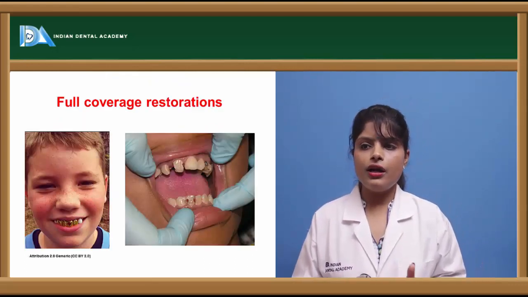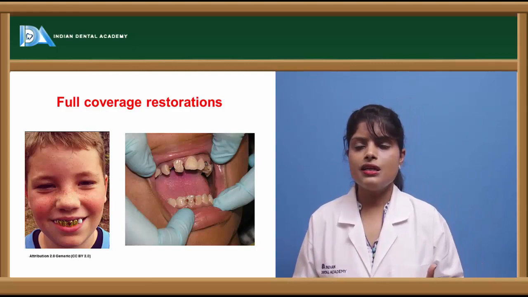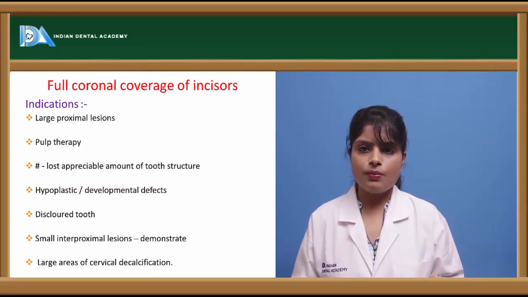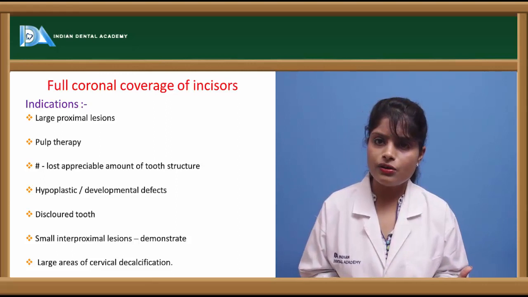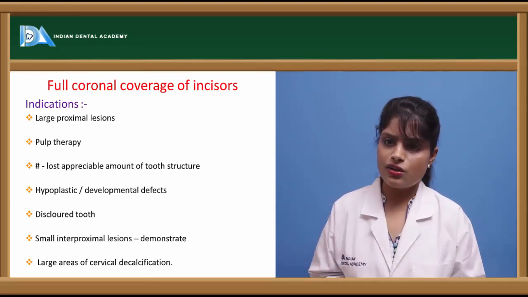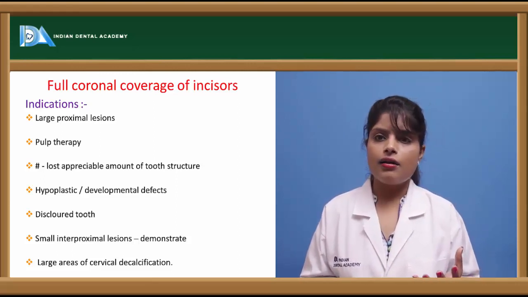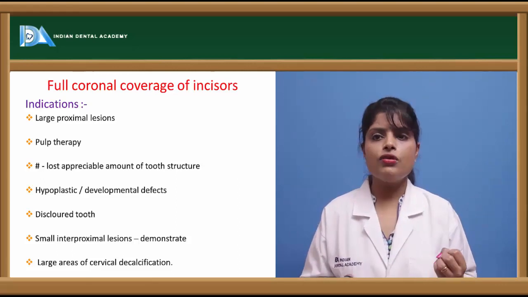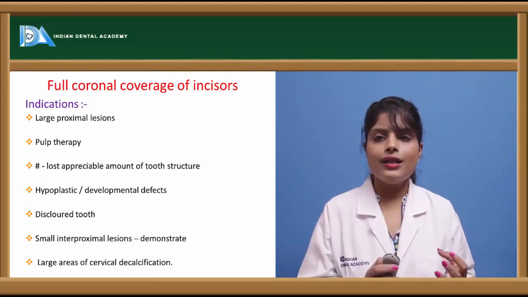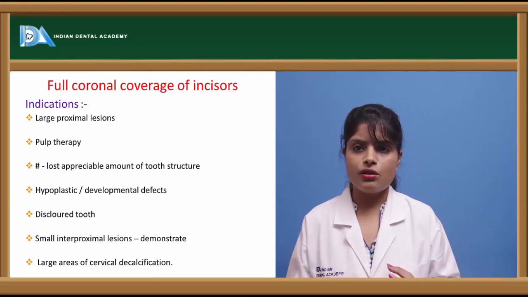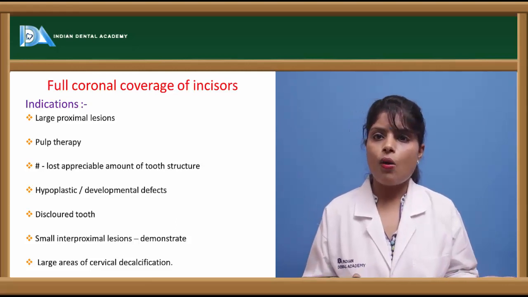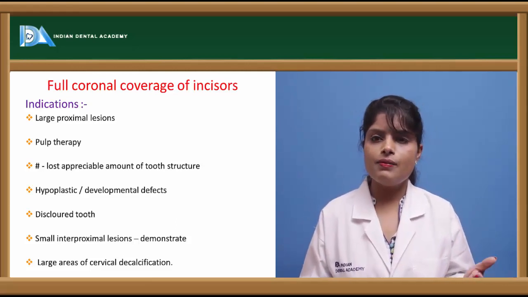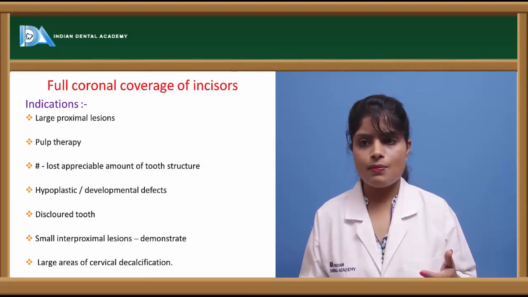Now comes the full coverage restorations, which basically include the strip crowns, the polycarbonate crowns, the art glass crowns, etc. These are done in the case of large restorations, when the proximal lesions are larger, when they cannot be restored by normal cements. In the case of pulp therapy, we go for such type of crowns.